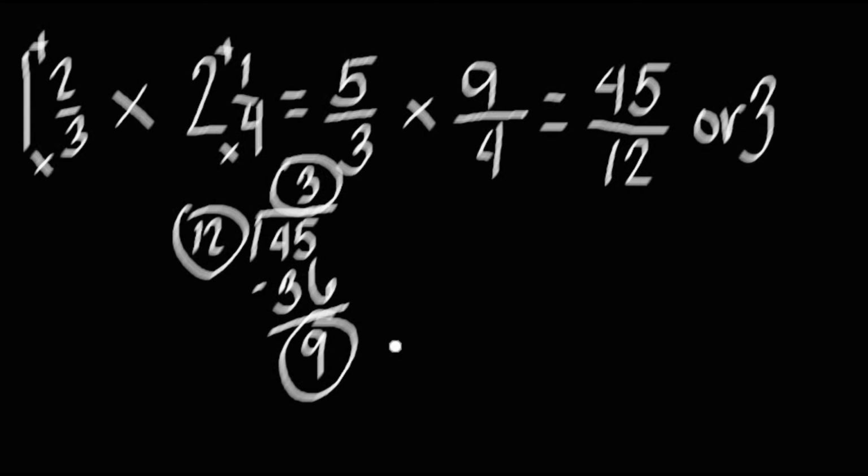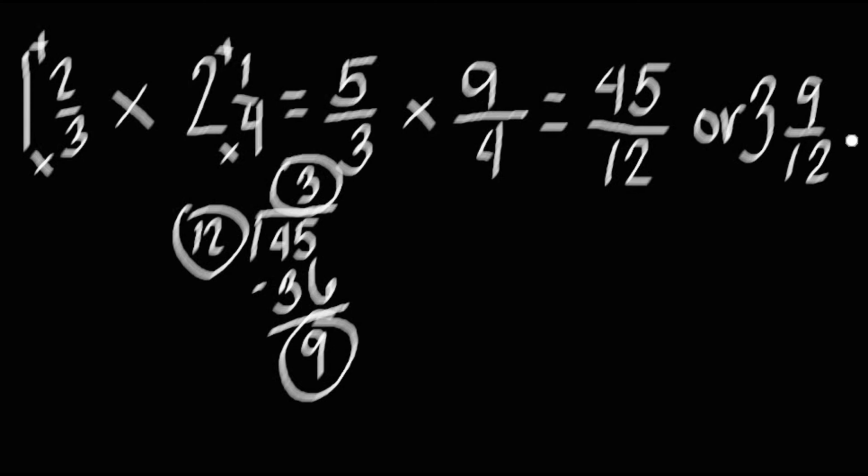The remainder 9 will be our numerator, and our divisor 12 is our denominator. But our answer isn't finished yet, because 9/12 is not yet in its lowest term.